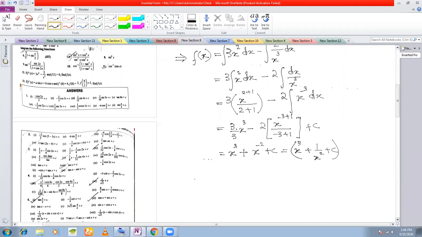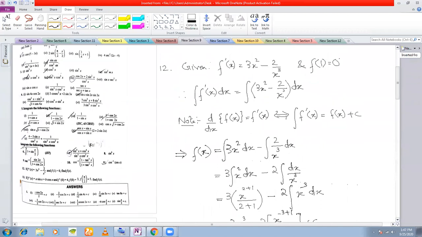So therefore fx is equal to x cube plus 1 by x square plus c, where c is a constant of integration.